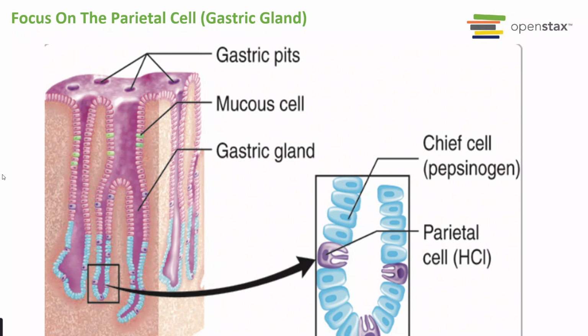This reduces the pH, and hydrochloric acid is known to denature proteins, which further aids in chemical digestion. When you have the activation of an inactive pepsinogen into pepsin, the activated form of pepsin is an enzyme which can break down proteins as well. These processes are occurring within the gastric glands.